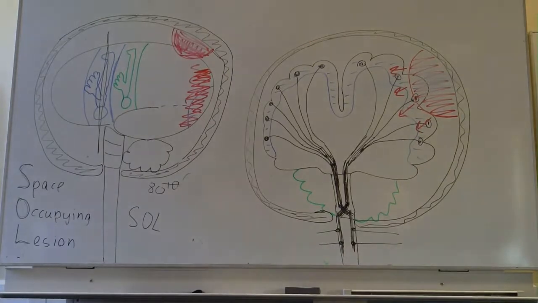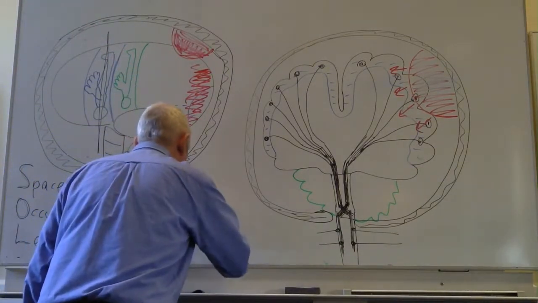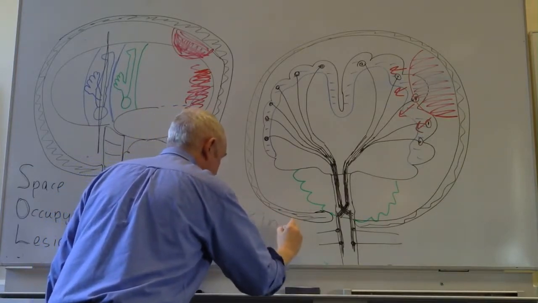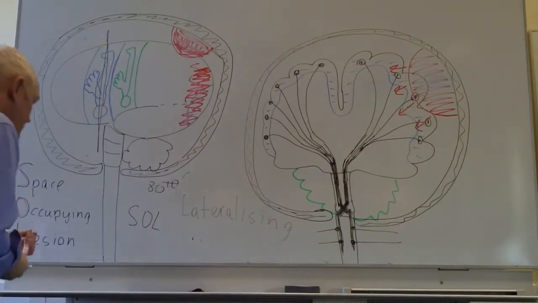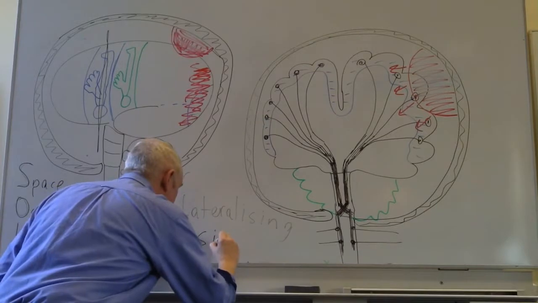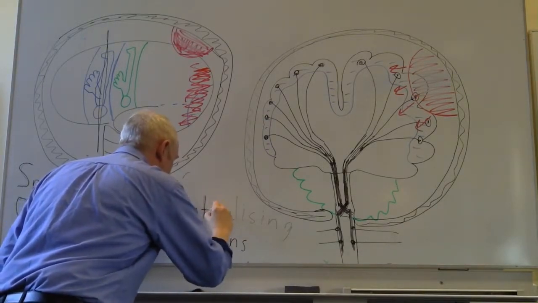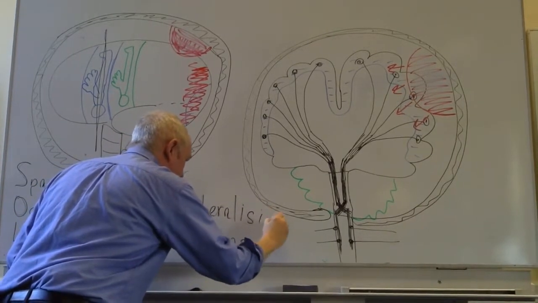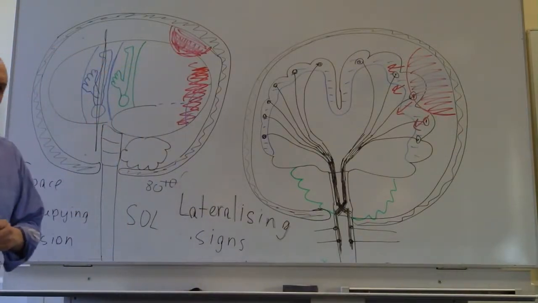And if the features are on one side or the other, we would call that lateralising signs. Lateralising signs means that they're on one side worse than the other.